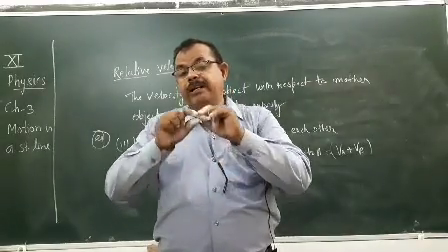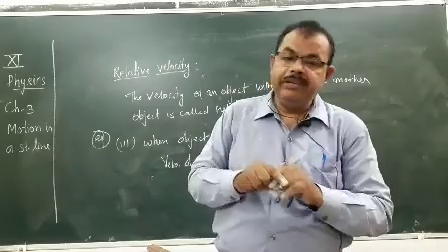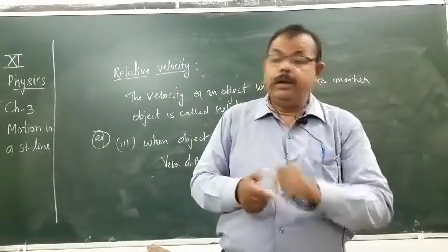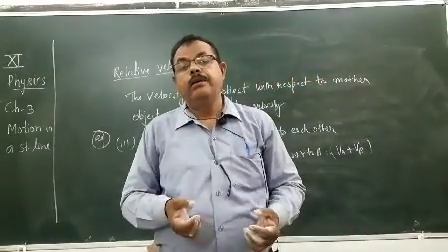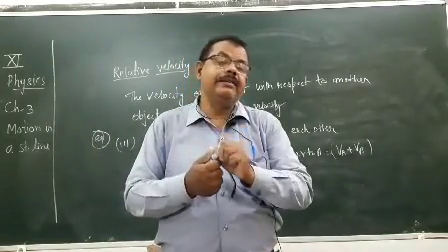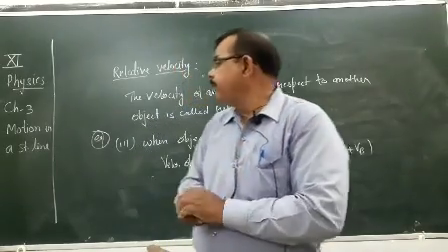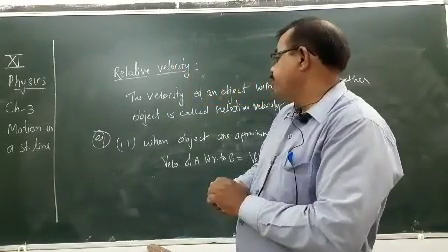When they are moving in opposite directions, their relative velocity will be the sum of the two velocities. And in the third case, when they are approaching each other, their relative velocity will also be the sum of the two velocities. So, this is all about relative velocity.